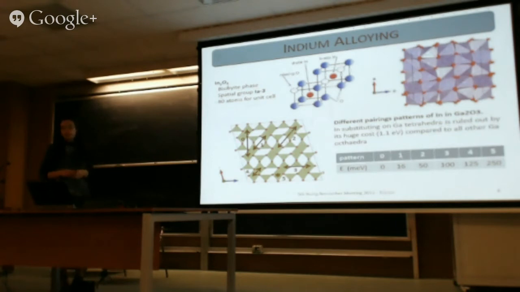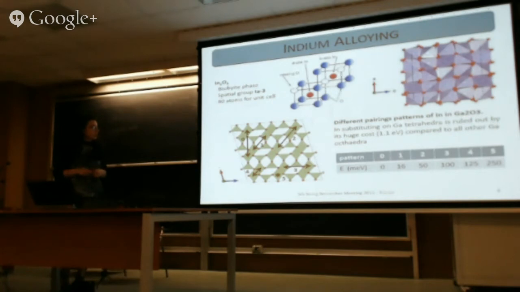We started with the study of the optimization in volume and internal parameter of the structure with indium, with the substitution of indium for the gallium in different possible tetrahedra and octahedra sites.